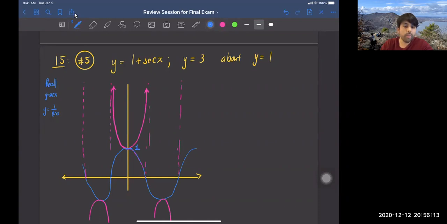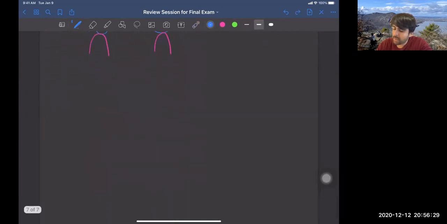But now take the graph of secant, which are these little graphs here. And I'm going to add 1 to it. So I'm shifting it up by 1. So in reality, what I'm really going to get, let me just draw that in a separate graph. In reality, I'm going to have this. This is 1. This is 2, right?